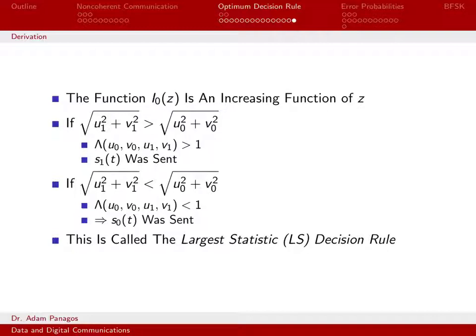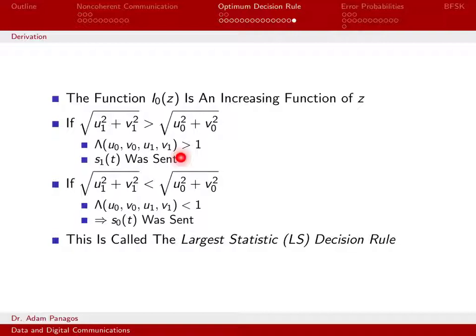And that's essentially what we say here, but we can even be a little bit smarter. We really don't care what the alpha and sigma are because the Bessel function is an increasing function of z. That means as z gets bigger, the function evaluated at z gets bigger. So when the square root of this quantity is greater than this, then my likelihood ratio will be bigger than 1, and we're going to decide that S1 of t was sent.